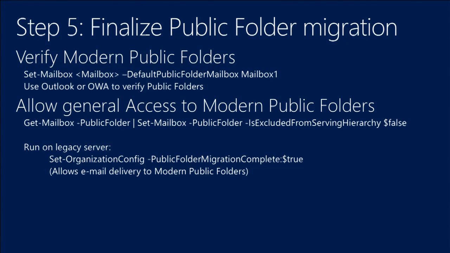So the message queue will fill up with those emails that are targeted towards the email-enabled public folders. And once you do that, these emails will be delivered to modern public folders. However, I heard they are sometimes stuck in the queue, so take a look in your queues, and you might want to restart the queue in order to have them successfully delivered.